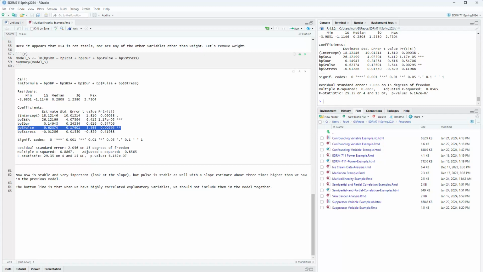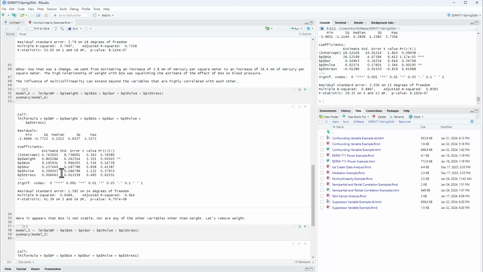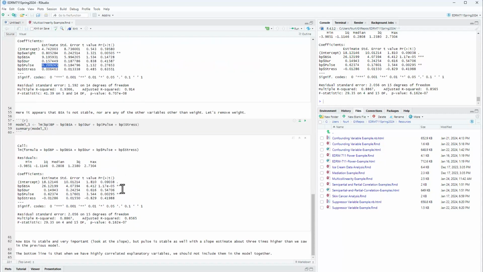So BSA is stable, pulse is stable. The pulse slope estimate is about 3 times higher than we saw up here in this model where it was 0.21. Now it's at about 0.62. So the bottom line is that when we have highly correlated explanatory variables, we should not include them in the model together.